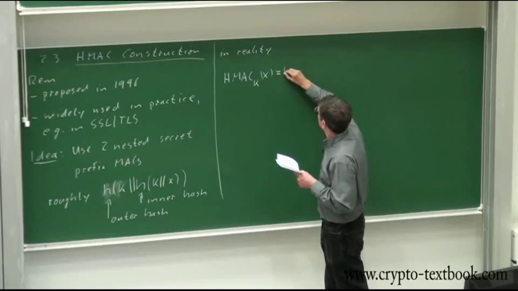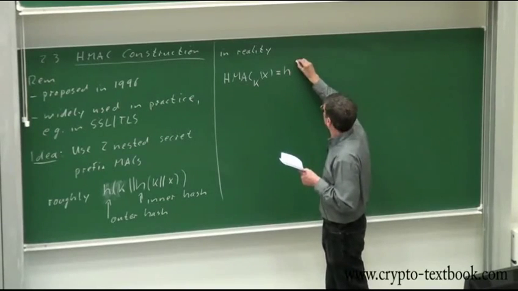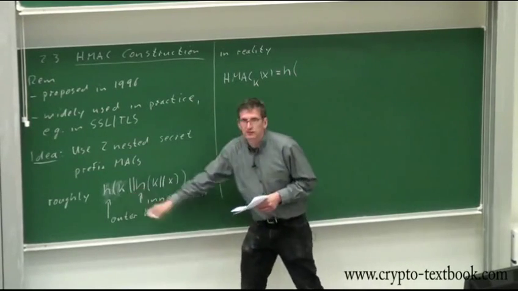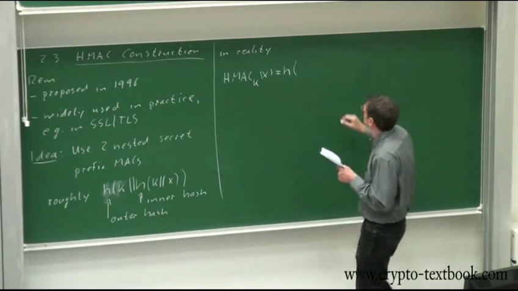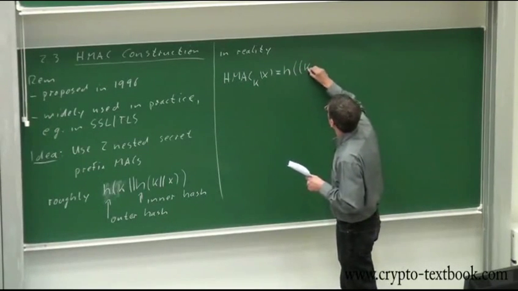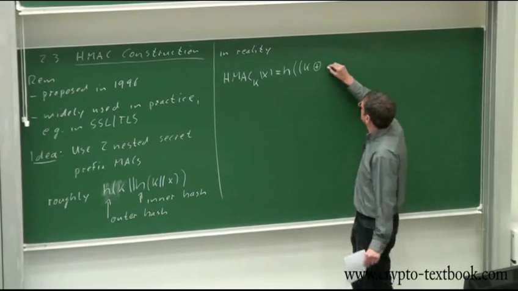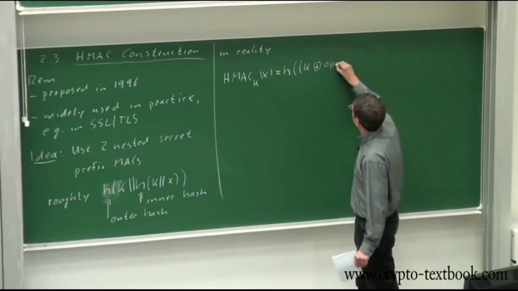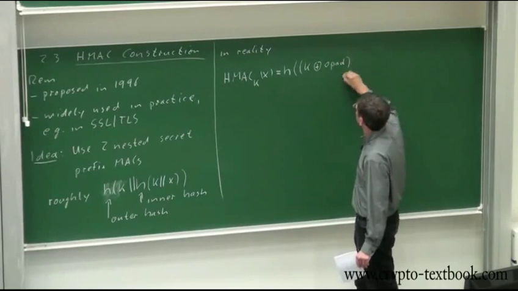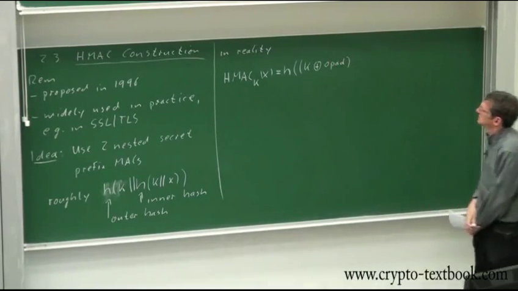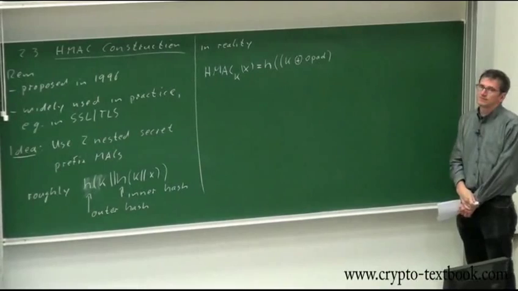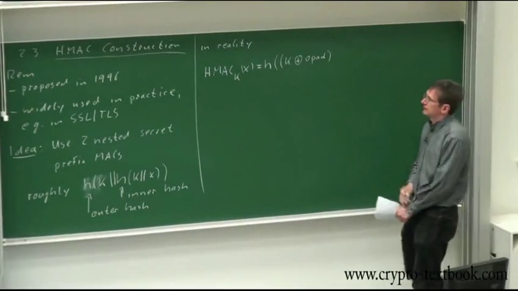You do this outer hash, and instead of just using the key, you XOR the key with the outer pad, which is called OPAD. Okay. This is the first thing that you're doing.